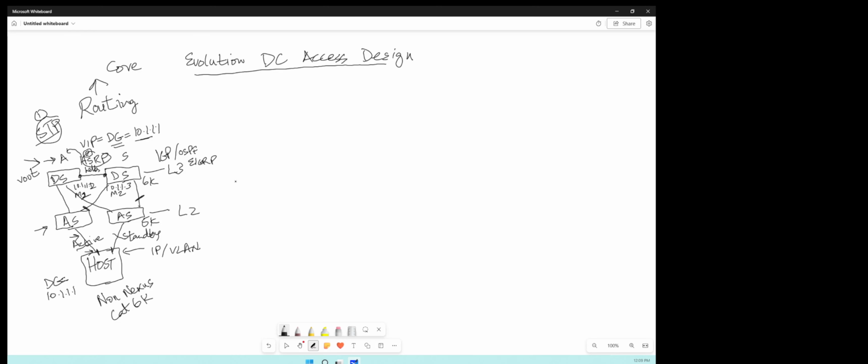So now came two designs. Evolution is happening now, and Cisco comes out with, okay, my access layer is going to be 2K, Nexus 2K. Now this is Nexus based. 2Ks that connect to 5Ks, Nexus 5Ks.